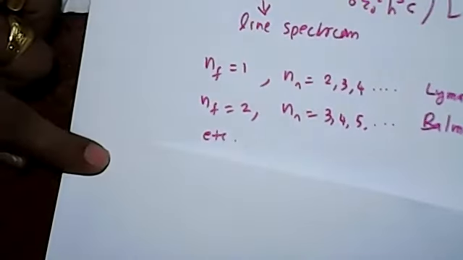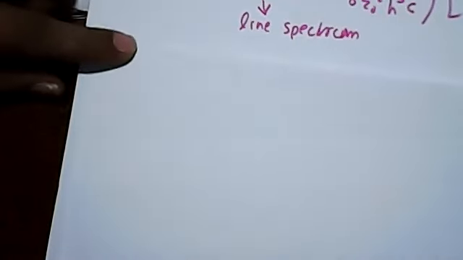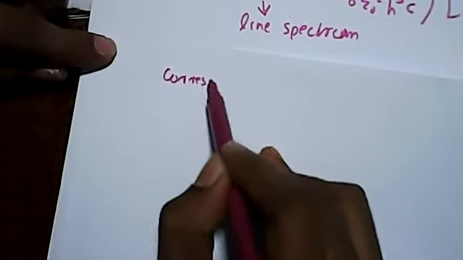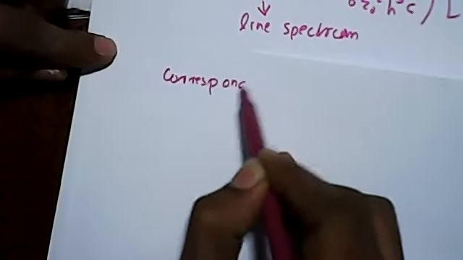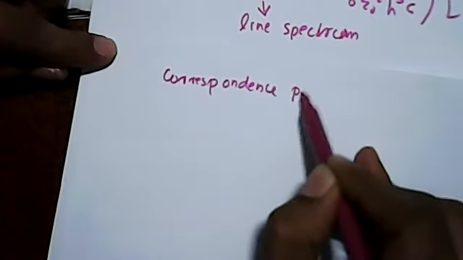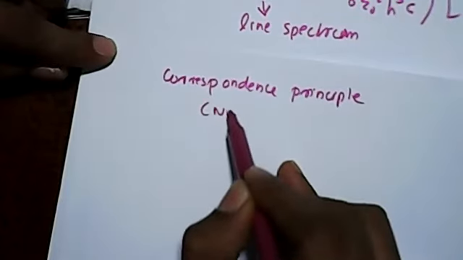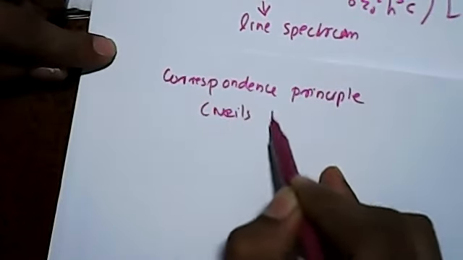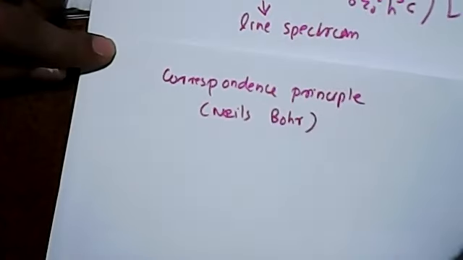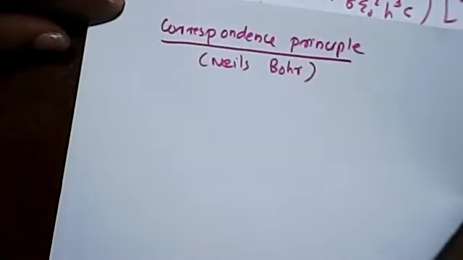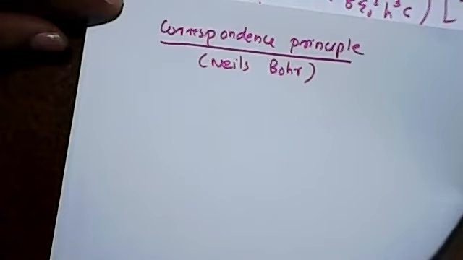And with these ideas, we are going to discuss a principle known as the correspondence principle, which was proposed by Niels Bohr. We have already discussed this correspondence principle in the case of the LHO, linear harmonic oscillator.